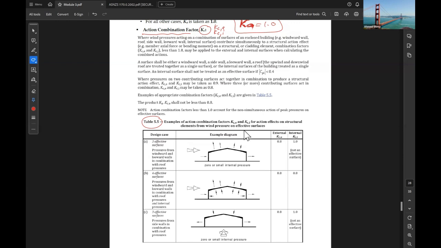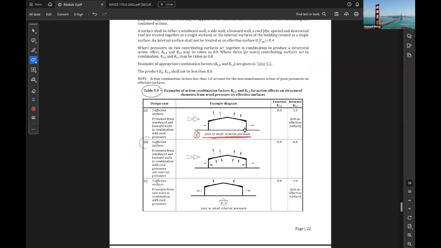So we have, for example, effective pressure from windward in combination with wind roof. As you can see here, we can consider this case only if you have 0 internal pressure. In our case, we have internal pressure, so this will be our considered case, because as you can see, you have external pressure and also internal pressure.